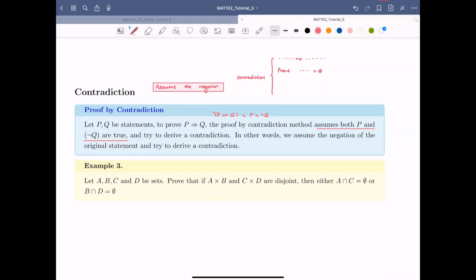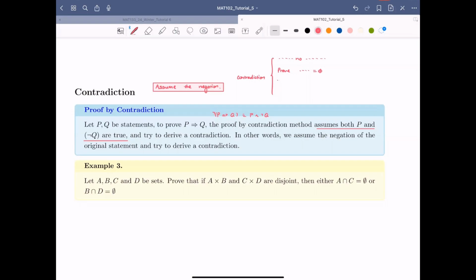Because remember, for set questions, we always deal with elements in there, not the set directly. So since it's not empty, there must be at least one element in there, and you can deal with this element instead of dealing with the whole set. So prove something is empty is another classic contradiction question.